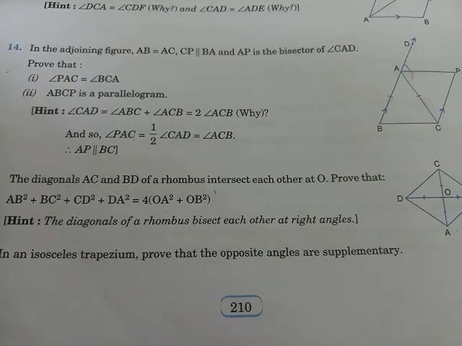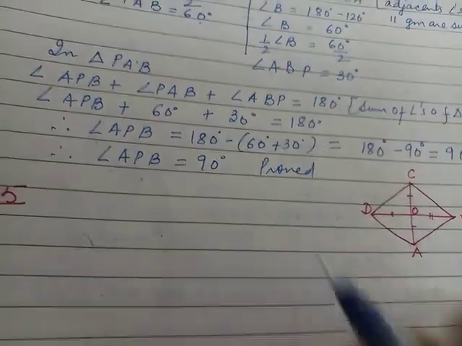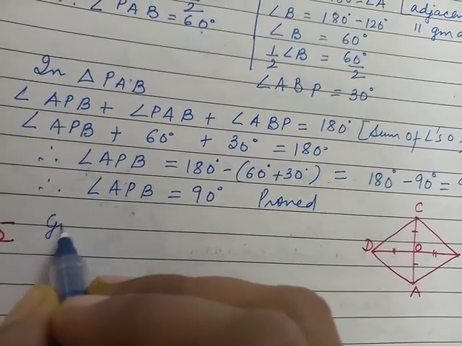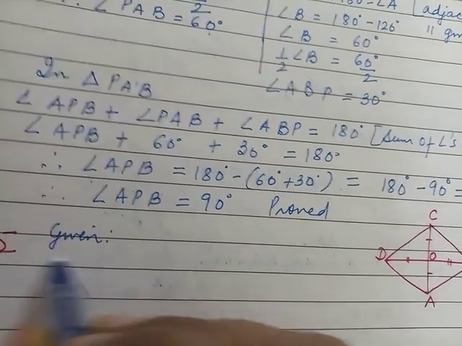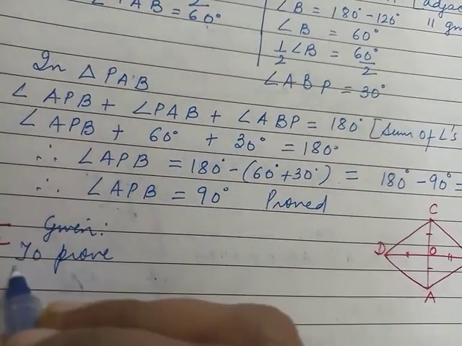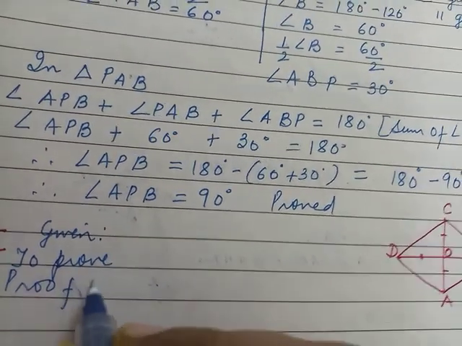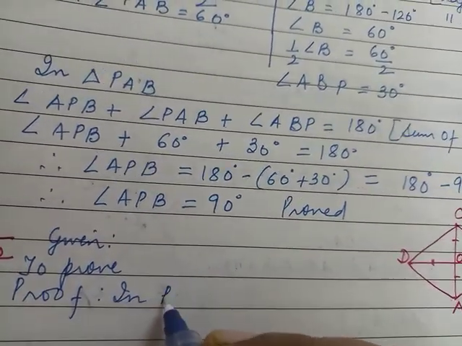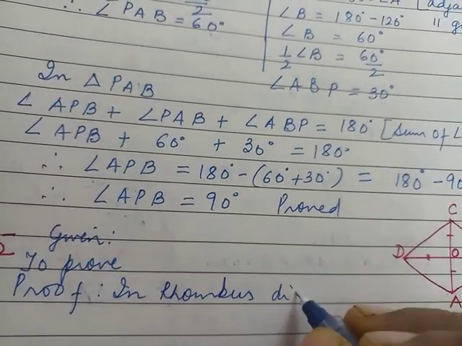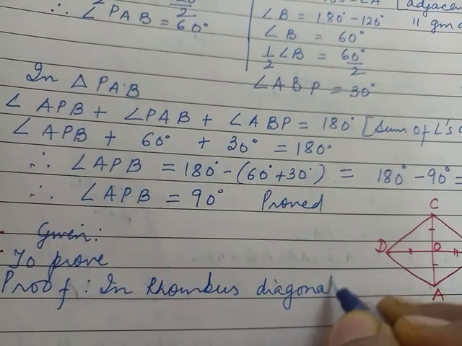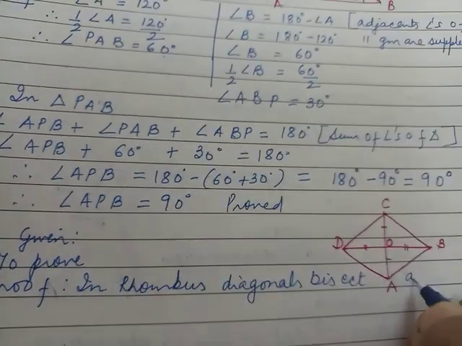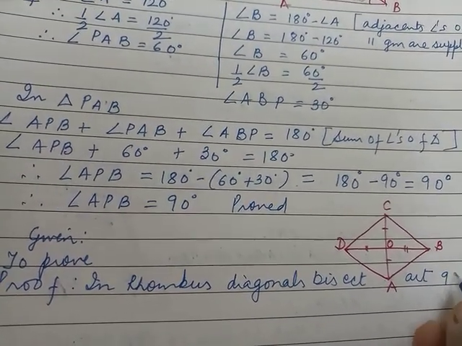Let's see how we write the solution. You can write given and to prove very easily. I'm not writing this, I'm leaving it for you. I start with the proof directly. So we'll write, in a rhombus, diagonals bisect at 90 degrees.